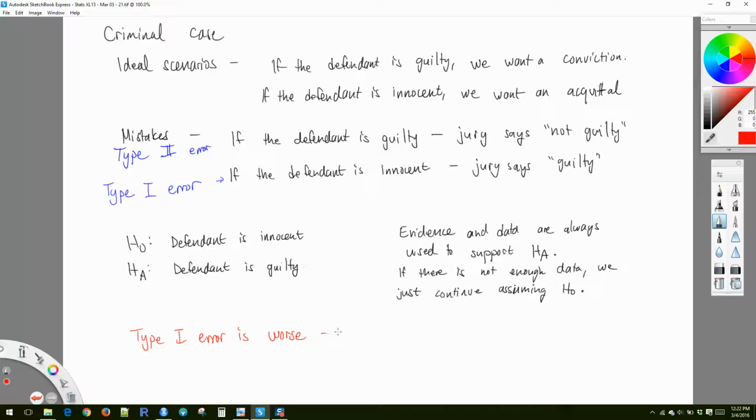Okay. Type 1 error is worse, so do we want to use a large alpha or a small alpha? Yeah, we prefer a small alpha. And our court system actually says this, right?